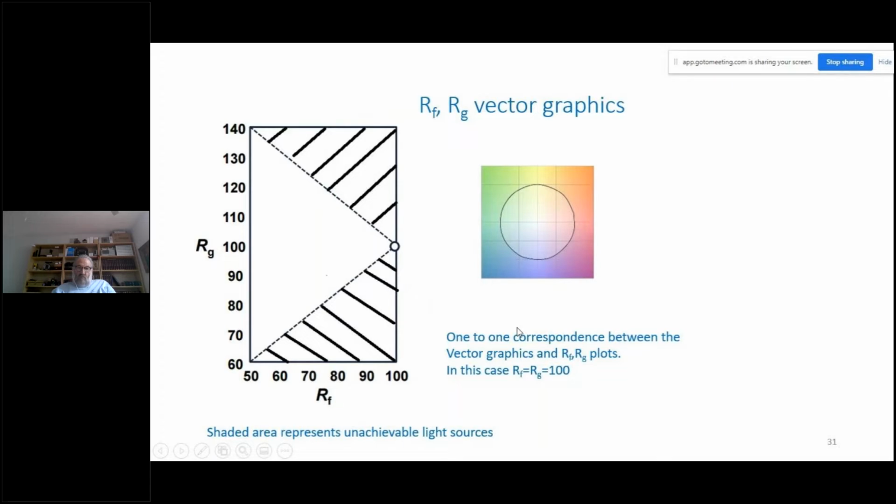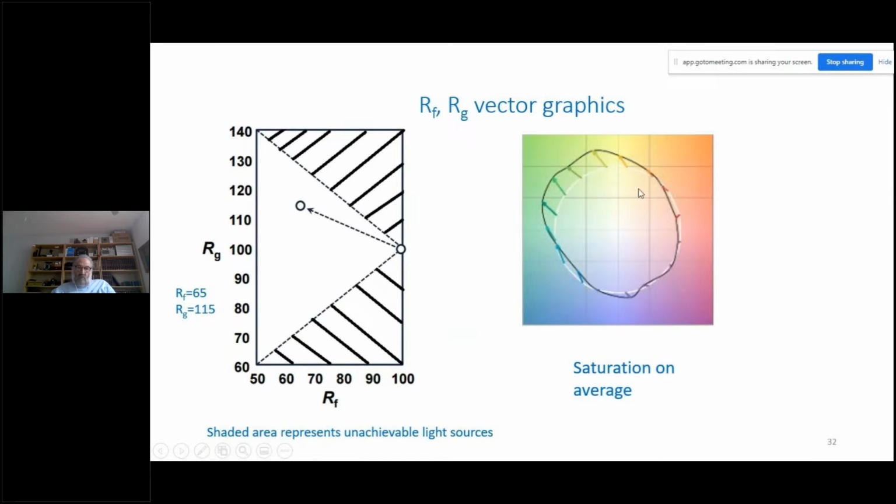Here is an RG-RF graphic. So all the practical light sources are within the white triangle. The dashed triangle does not represent any practical sources. In this case, you have a complete black body. So both your black and red circles coincide, and you have 100 coordinates.